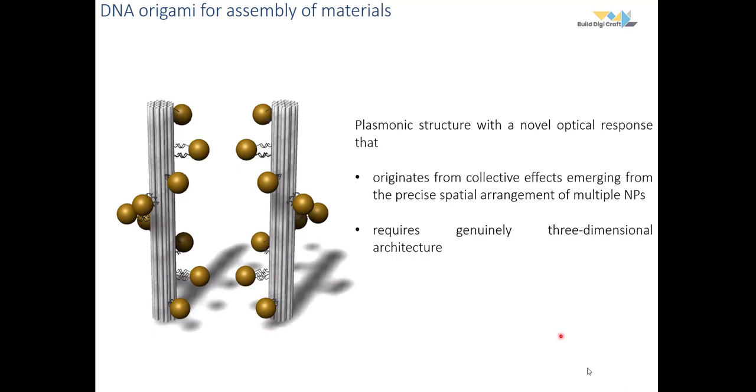It should show a novel property which comes from interaction of precisely arranged metal nanoparticles, right? And also, to make things a bit more complicated, let's build a structure which is truly three-dimensional. So we built these helices of metal nanoparticles. There are 9 particles arranged in either a right-handed or a left-handed helix.